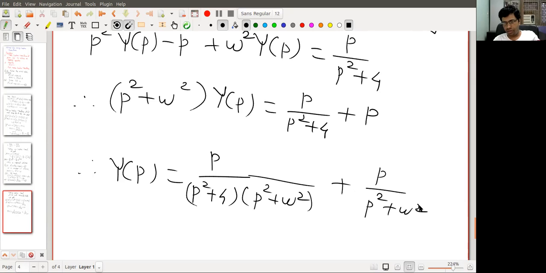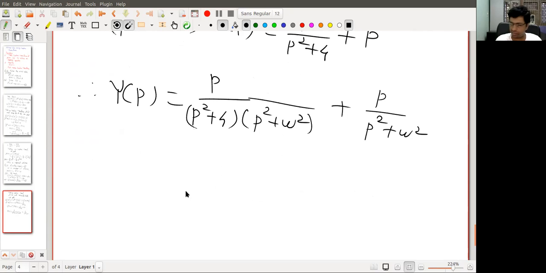Okay. Now we simplify this using partial fractions as usual, but note that the denominator terms are p square plus 4 and p square plus omega square. So we need to write terms of the form AP plus B. To simplify this, we use partial fractions.